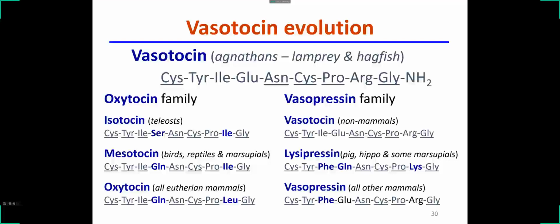In the case of us, you have quite a bit of difference between vasopressin and oxytocin, where you've got now this phenylalanine instead of isoleucine, a glutamate instead of a glutamine, and an arginine instead of a leucine. So in the case of us and other mammals, you have a serious difference between vasopressin and oxytocin, even though they all originated from the same original ancestral gene.